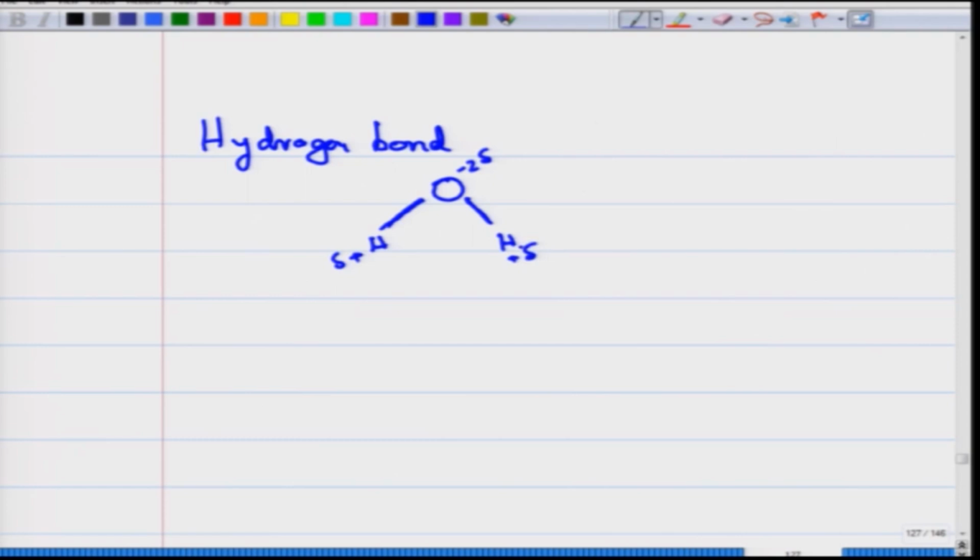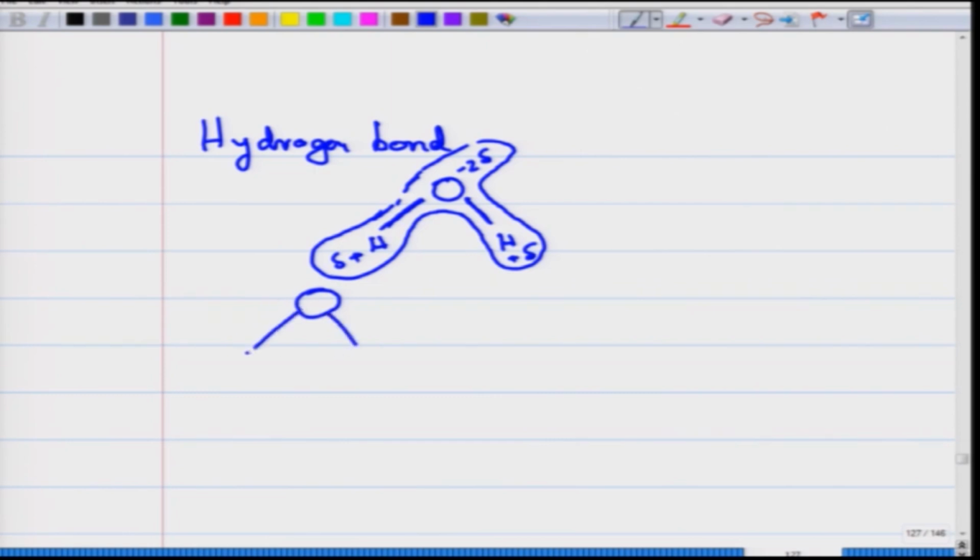Because the electron cloud is a little bit more localized towards the oxygen rather than the hydrogen atoms, the electrons are almost stripped away from hydrogen and more localized near the oxygen, whereas the hydrogen remains like a naked positive charge, and this positive end starts attracting the negative ends of other molecules.